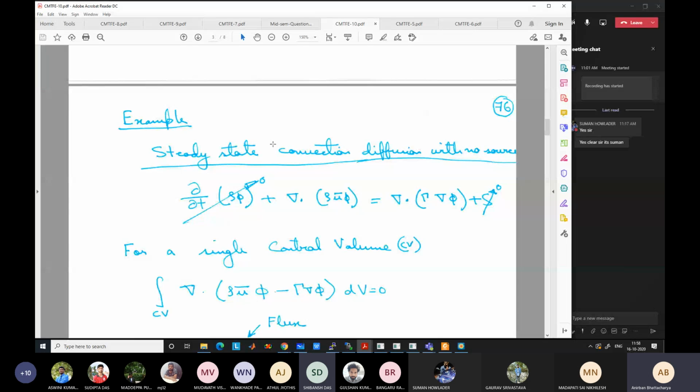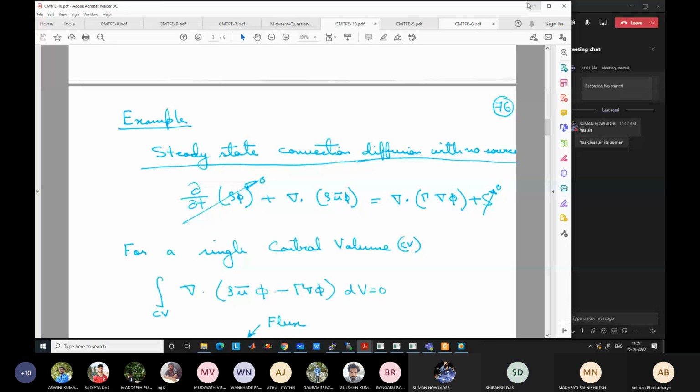Sir, basically we are integrating the differential equation over individual control volume, right? And finding a single value, that is the grid point value, right? Directly you cannot find, but please tell me your question first, then I will answer. Means we are integrating the conservation equation, then the final solution is a single value, right? The grid point value.